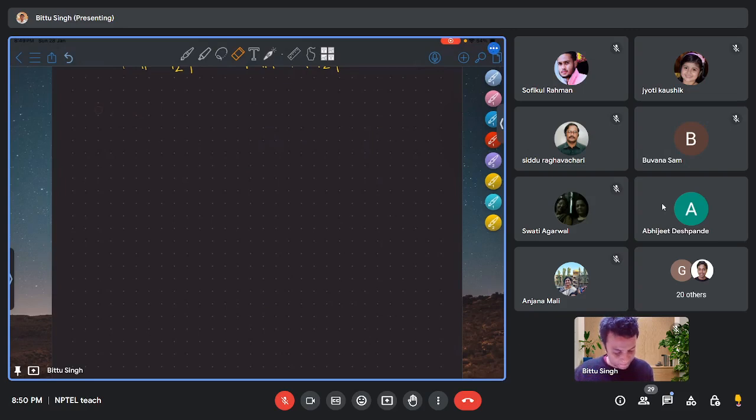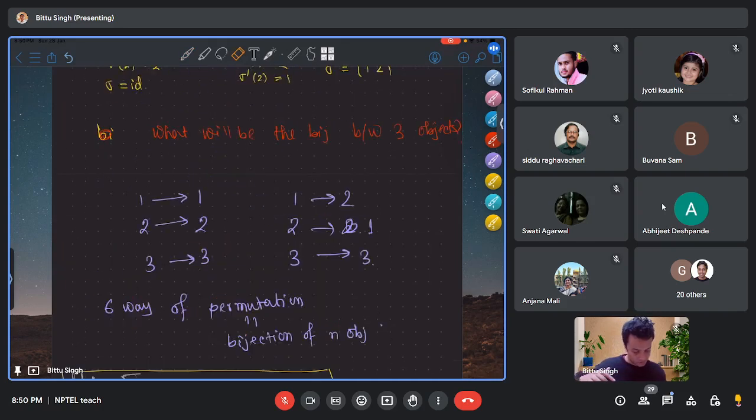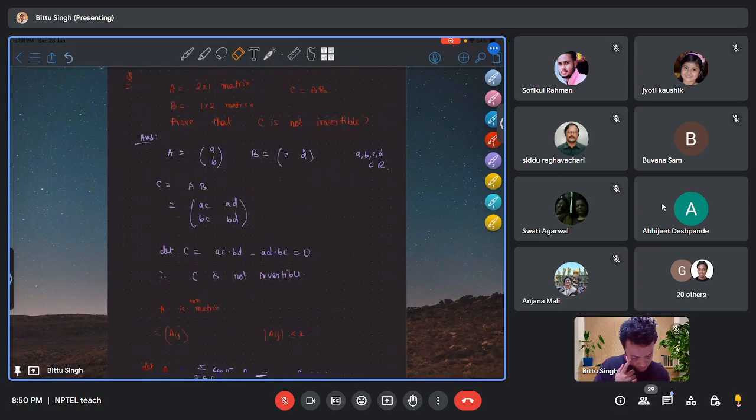Suppose we consider these two equations, x1 minus x2 plus, or let us take the previous question.